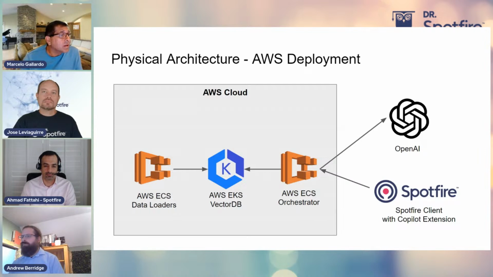In this case, the OpenAI instance can be running either on the Azure Cloud or on the OpenAI Cloud. And again, in this case, the Spotfire client with the Copilot extension just communicates with the system through the secure REST interface. That concludes the overview of the architecture, and I will be happy to answer any other question.